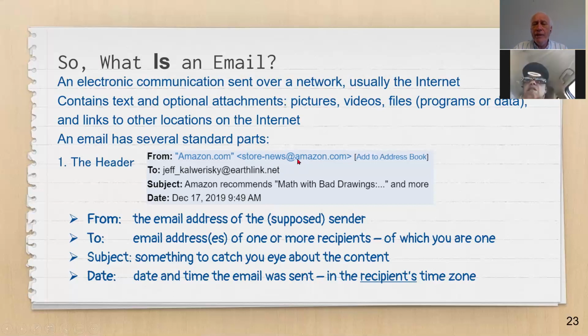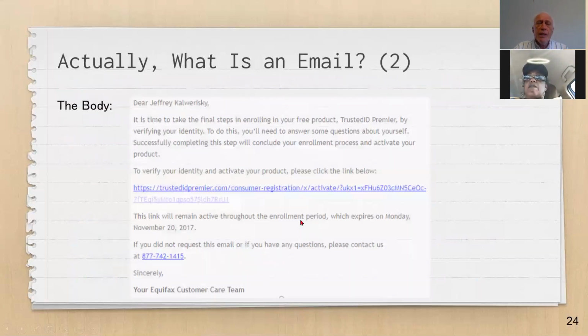On the right is either something like gmail.com or a company's name: amazon.com, bankofamerica.com, microsoft.com, right? So if I look at this amazon.com over here, which actually happens to be correct because this is from amazon.com, never look at what's in the front, because it can be faked, right? It doesn't matter. This is the real email address. And if this email is supposed to be coming from Amazon, I would expect this to say amazon.com, right?